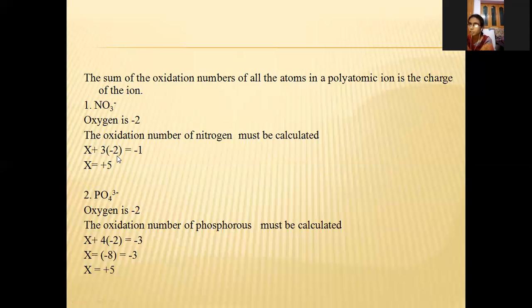So 3 times 2 is 6, which is minus 6. Shifting minus 6 to the other side, it becomes plus 6. Plus 6 minus 1 becomes 5. So the oxidation number of nitrogen is 5.